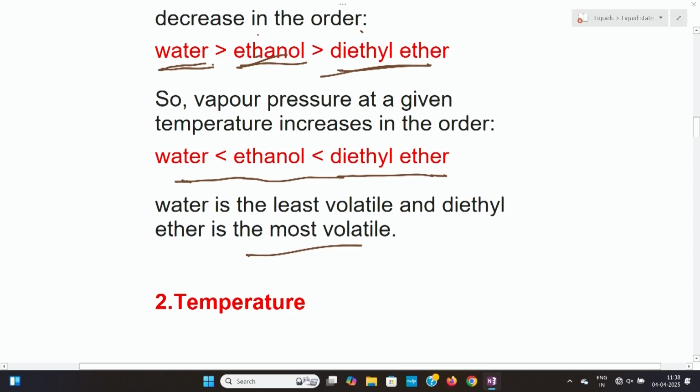Volatile is nothing but it can be easily evaporated. If we open a diethyl ether bottle, it will evaporate faster. If we open an ethanol bottle, it will also evaporate fast. If we open water in a beaker, it will not evaporate that fast because the intermolecular forces are strong in water compared to ethanol and diethyl ether.